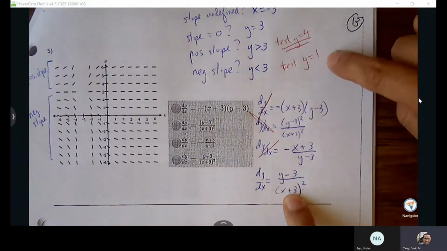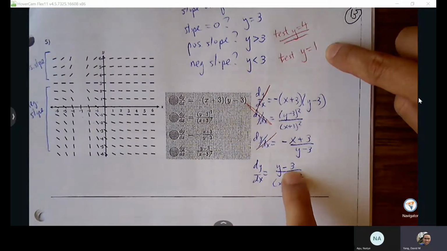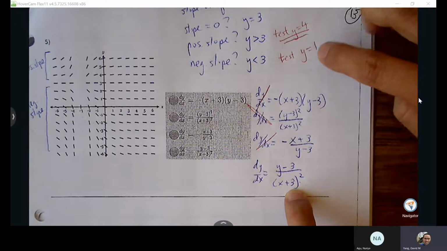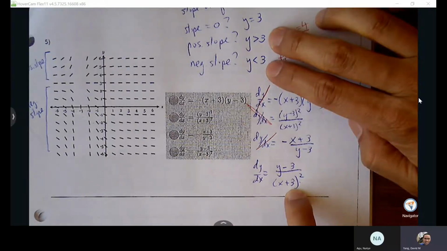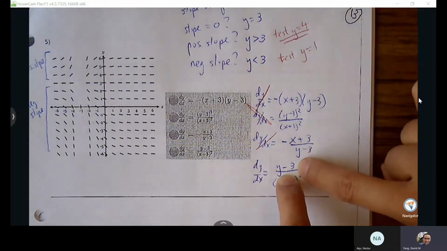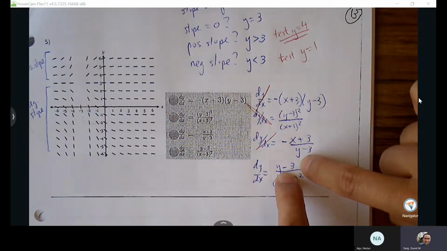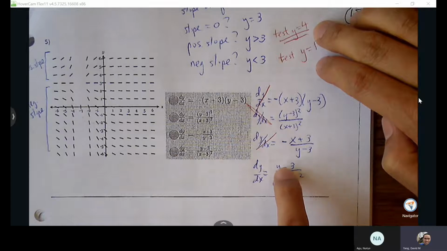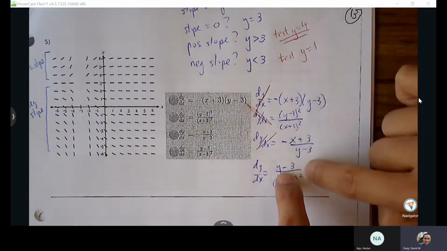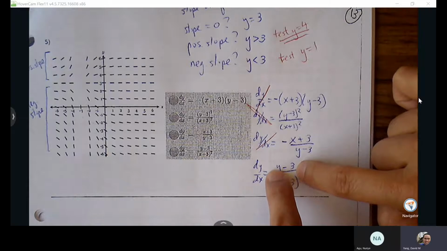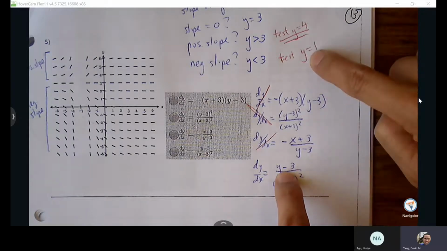Okay, let's double check. If I plug in 1, 1 minus 3 is negative. So yes, it looks like whether y is greater than or less than 3 is dependent completely on the numerator. The denominator is always positive. It's that numerator, right? Like 4, 5, 6, 7, that's all going to be a safe positive number. But as soon as it dips down to a 2 or 1 or 0, negative 1, it's going to turn into a negative.